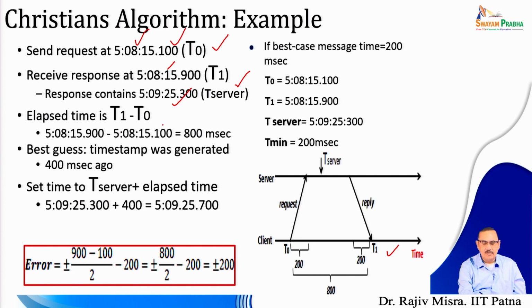So, the elapsed time is T1 minus T0, that is 900 minus 100, which is 800 milliseconds, but the guess was guaranteed 400 milliseconds ago. Then it will set the time to T server plus elapsed time, that is, T server is 300 and elapsed time, let us say 400, it becomes 700, and therefore the time set by the client is 700.